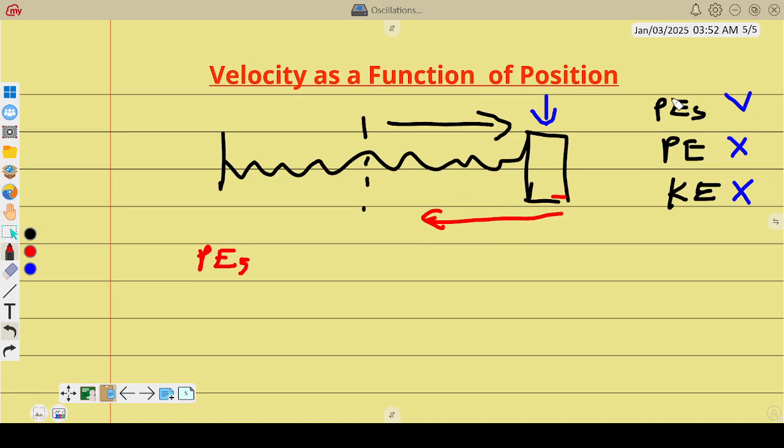It will still have some elastic potential energy, and since it's moving, it will have some kinetic energy. But there's no gravitational energy because we don't have any height. The mass isn't important here. So when it starts going back, it has two things: elastic potential energy and kinetic energy. So we're going to equate these two.